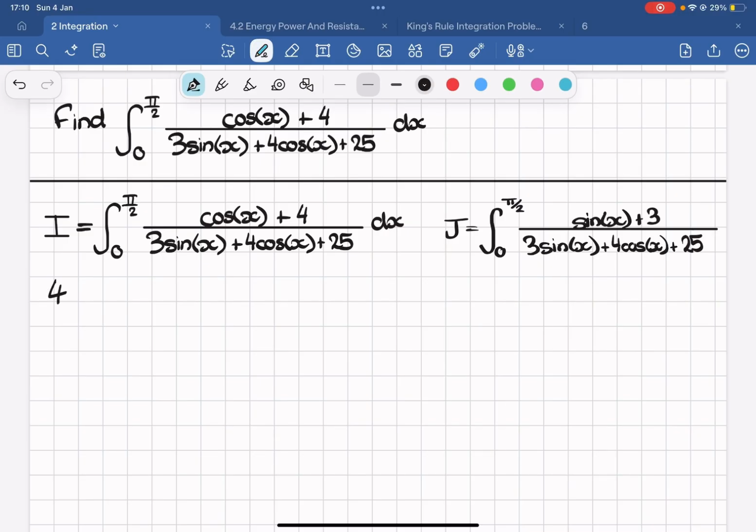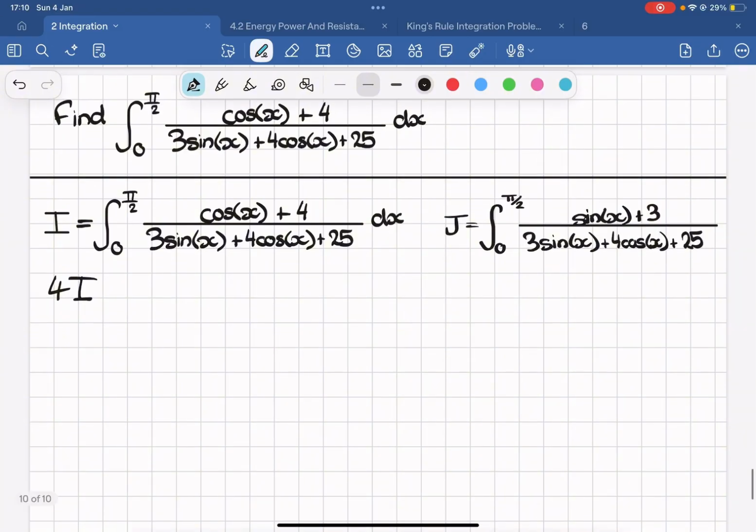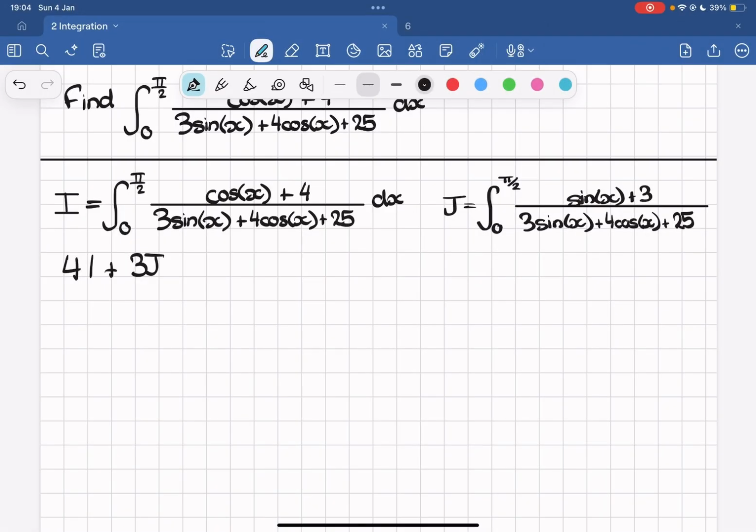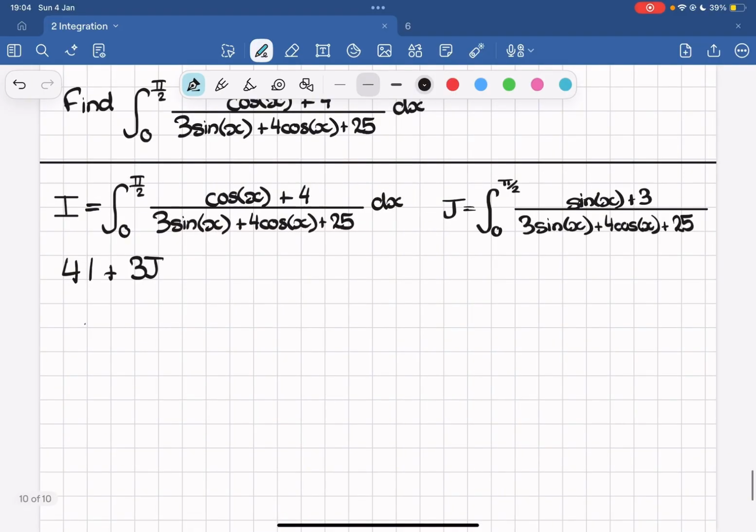Now if we have 4i, we'll have 4 cos x plus 16 on the top. And if we have 3j, we'll have 3 sin x plus 9. And that 9 from 3j and the 16 from 4i sum to give us 25. So this is looking good for us.